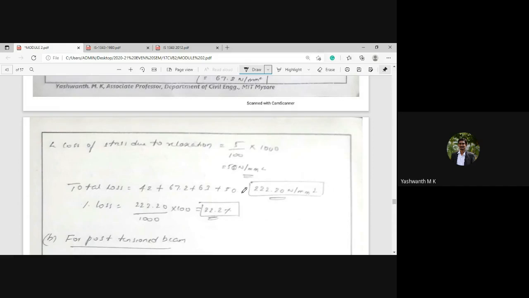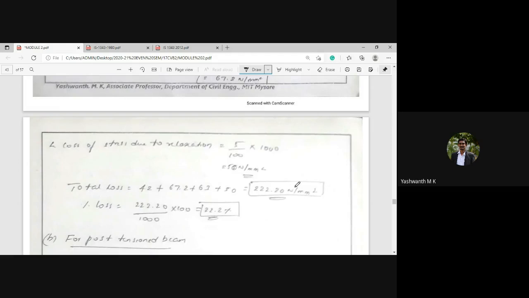That means you applied 1000 stress initially, but in that 1000 initial pre-stress, 222.20 losses have been encountered in the PSC. Is it clear? So what will be the net pre-stress available?